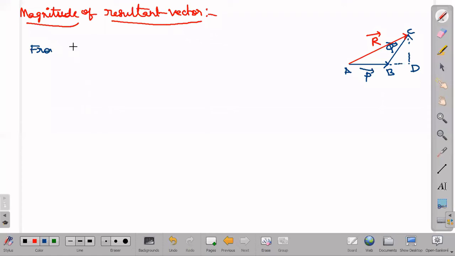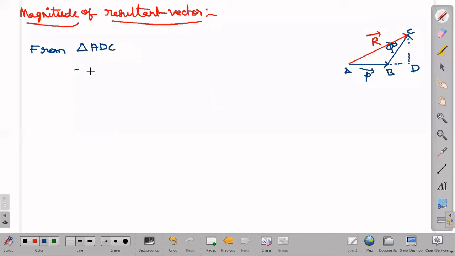From which triangle are we taking? From triangle ABC. Whatever construction I have made, based on that I'm taking ADC as a right angle triangle. That's the reason I'm taking ADC.